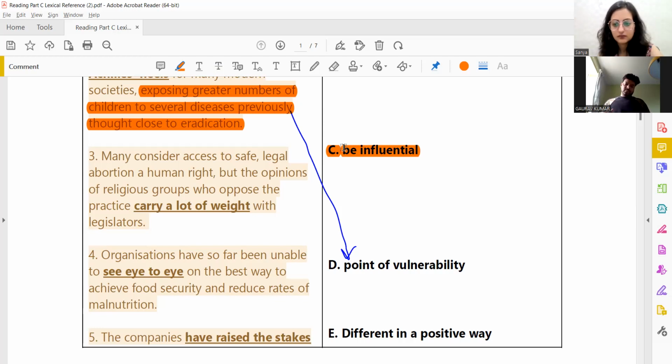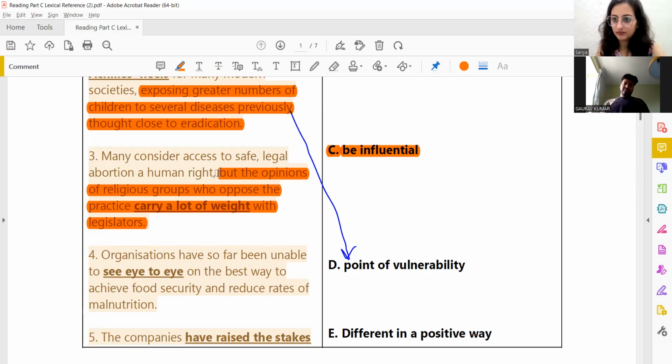One idea is that safe and legal abortion is a human right, but there is a contrast with the opinions of religious groups which don't like these things. So carry a lot of weight. Their decision is needed. Yes, it's influential. They can influence the legislation being brought into parliament. So their approval is necessary. Absolutely right. Let's go to the next.